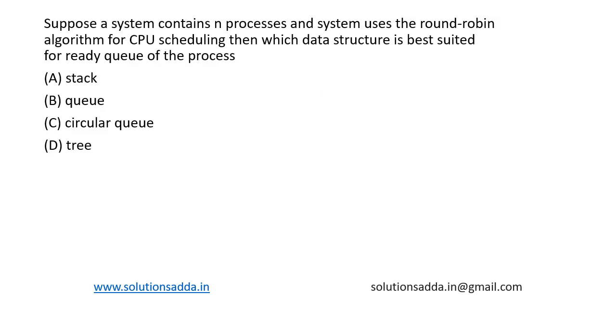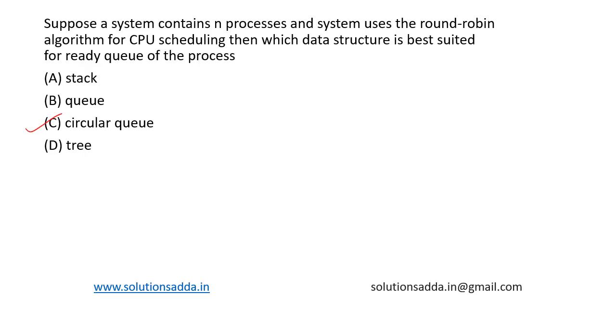This is a question from operating system. Suppose a system contains n processes and system uses the round robin algorithm for CPU scheduling. Then which data structure is best suited for ready queue of the process? So circular queue is the best data structure for round robin CPU scheduling algorithm. So option C, circular queue would be the right answer here.